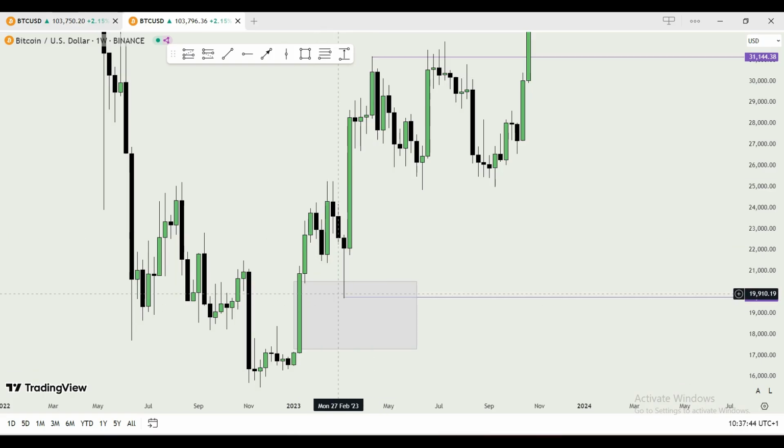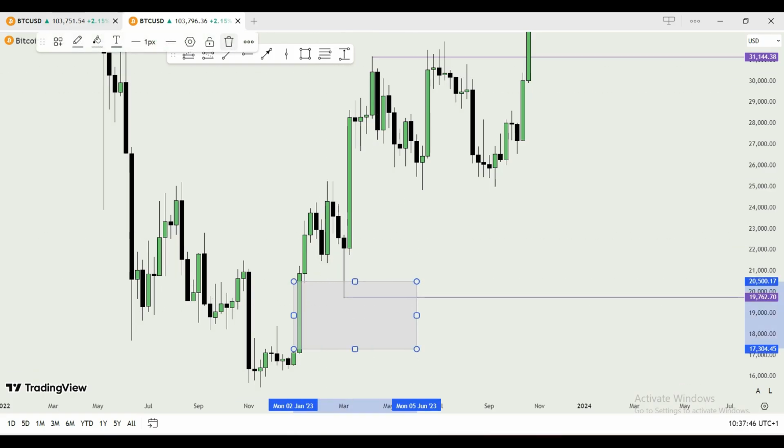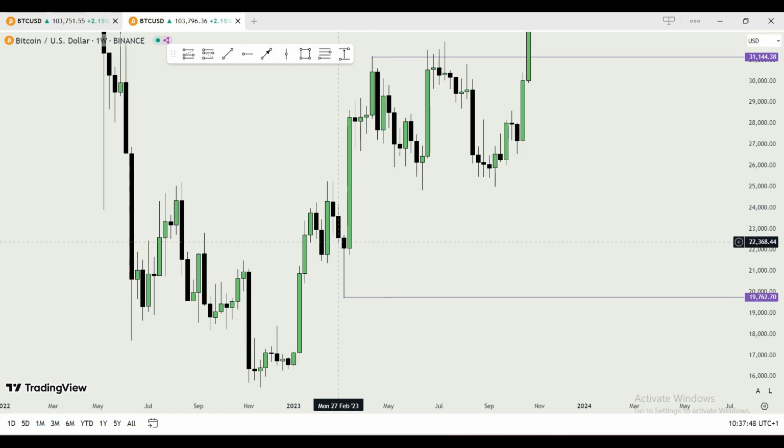Why is this our low? This candle has a long wick low, because when you look back, the previous candle before it, which is this, closed below this down candle, and this candle also closed below the low of this.